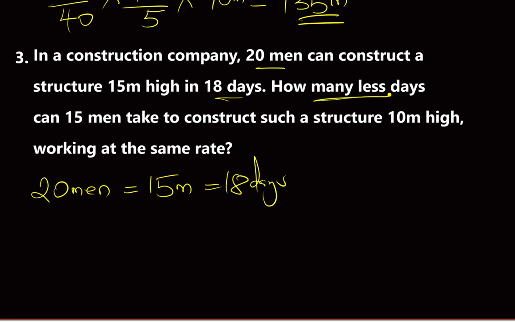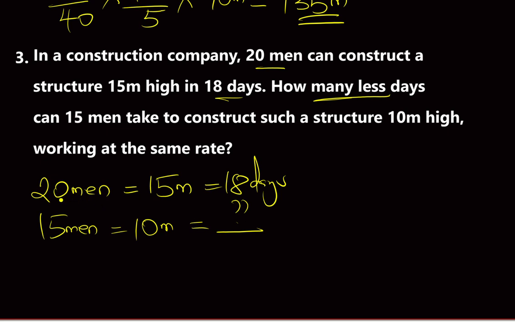How many less days can 15 men take to construct such a structure 10 meters high, working at the same rate? We want to find the number of days. As usual, we compare the number of men and the days, then later on the meters constructed and the days. We begin.